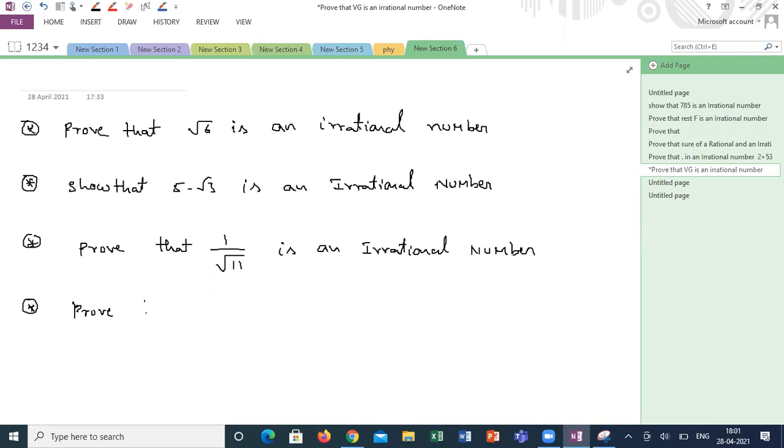Prove that 2 minus 3 root 5 is an irrational number.